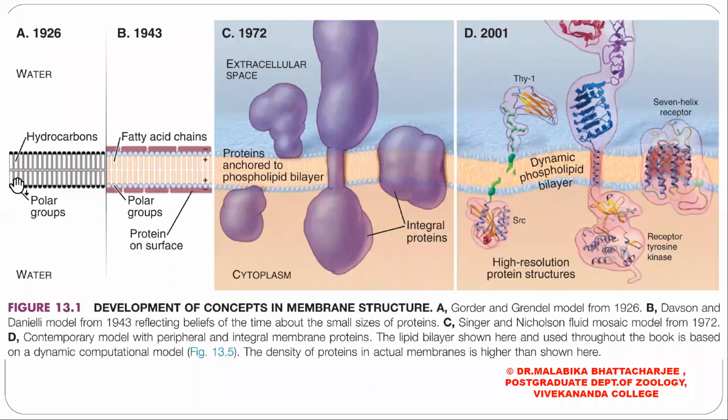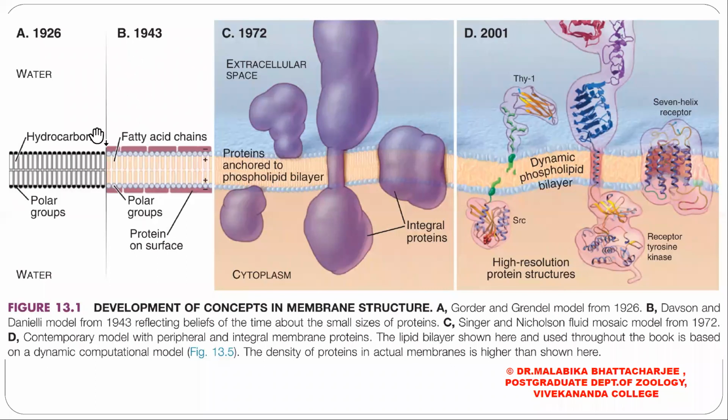You can see that these are the lipid molecules, and the lipid molecules have their polar group facing outside and their non-polar tails facing the inner side of the membrane. This was the simplest of all the membrane structures that came up. So this was in 1926.